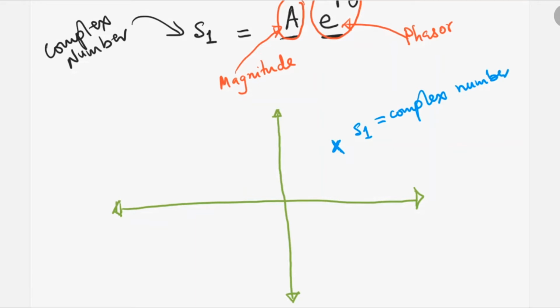So how can I represent this point, this s1 point? Let's do this.